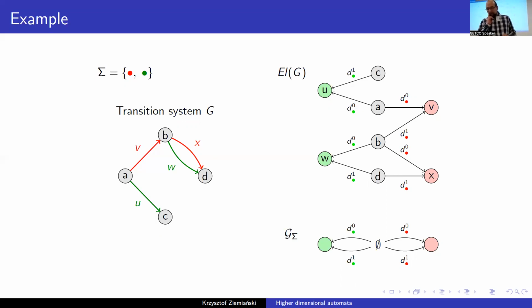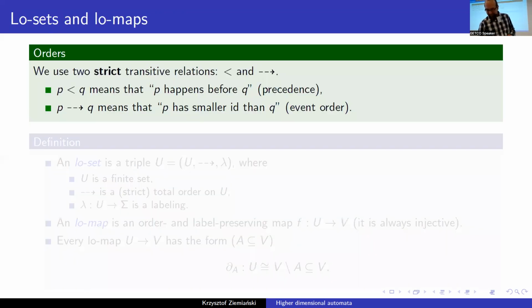And another reason is, as we don't want to consider only one-dimensional edges, we need higher dimensions. It will be convenient to gather all things in a single object. So I'm going to define a category, and the presheaves over this category will be precubical sets or higher dimensional automata.